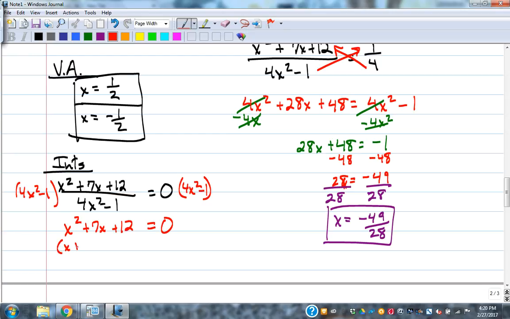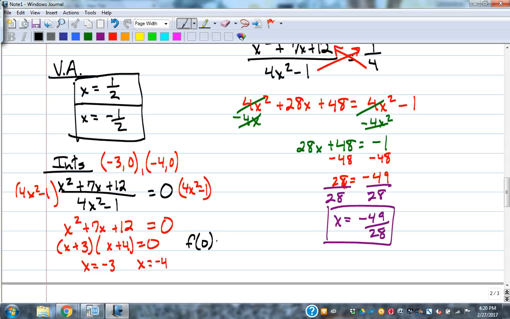We've already factored that once. x plus 3, x plus 4. So we have x-intercepts at x equals negative 3 and x equals negative 4. Those ordered pairs would be negative 3, 0 and negative 4, 0. And then to find a y-intercept, plug a 0 in for x.